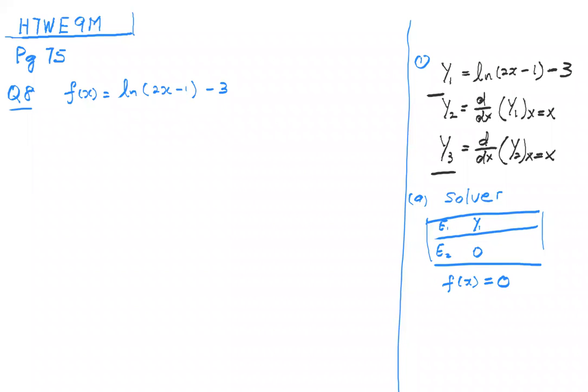Okay, that is the meaning of x-intercept. Everyone should know the meaning of x-intercept. X-intercept means find the value of x when y equals 0. So there will be an x come out, correct? And you know that the domain here is x must be greater than half, am I right?